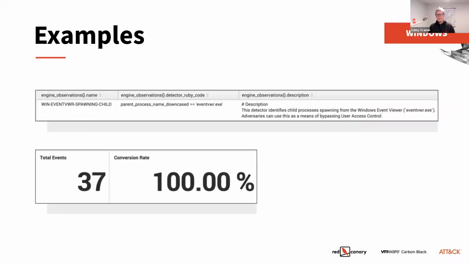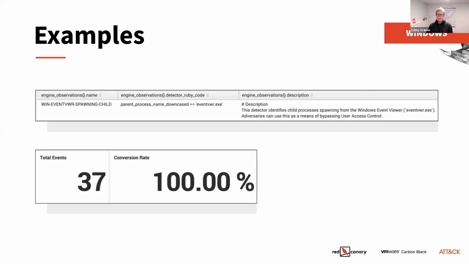So yeah, we've seen UAC bypass fairly frequently alongside Dridex infections. And Sarah mentioned looking at parent-child relationships. One high fidelity detector for us has been FODHELPER and EVENTVWR spawning child processes, because they don't normally spawn child processes and they're usually being run under an administrator account.